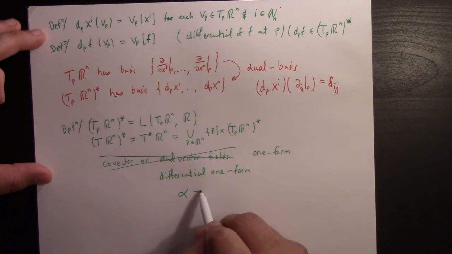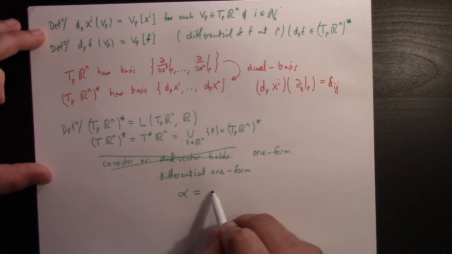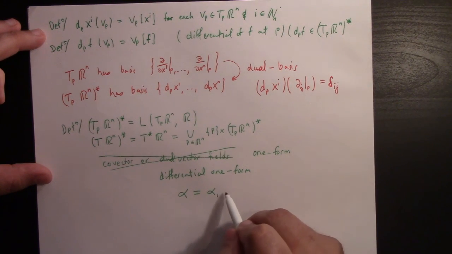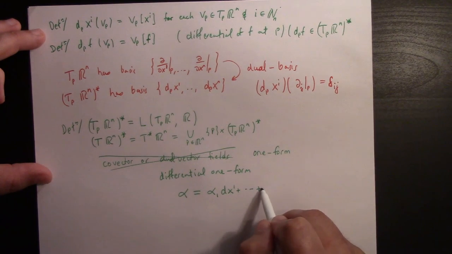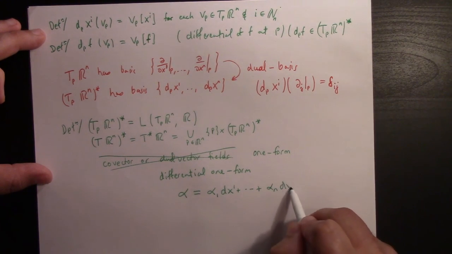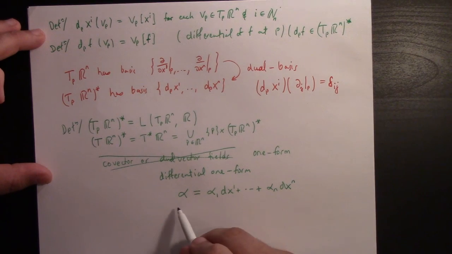A differential one form is then something like alpha 1 dx1 plus dot dot dot plus alpha n dxn. This would be a differential one form.